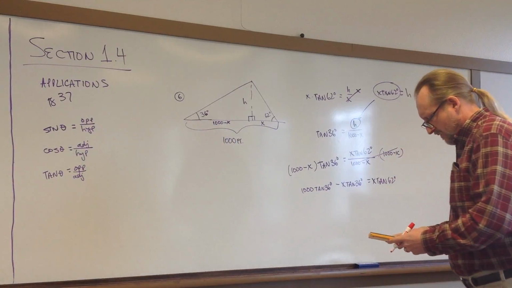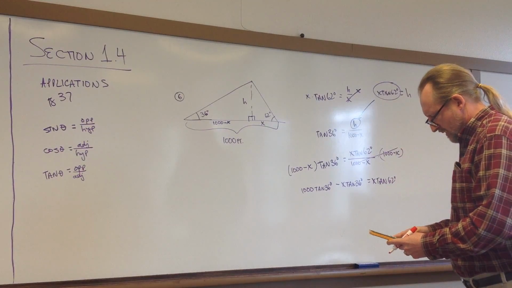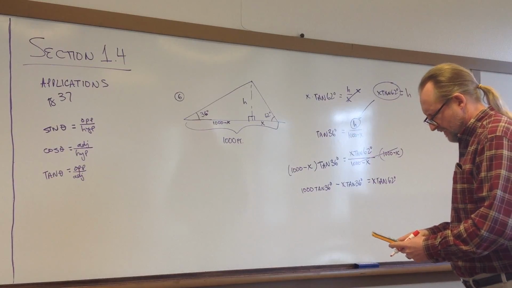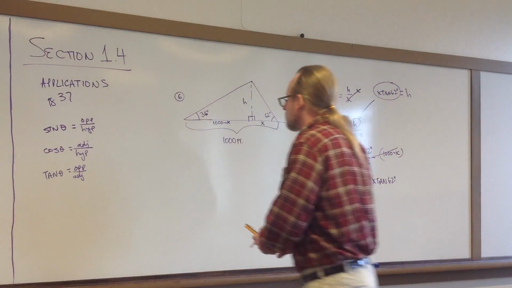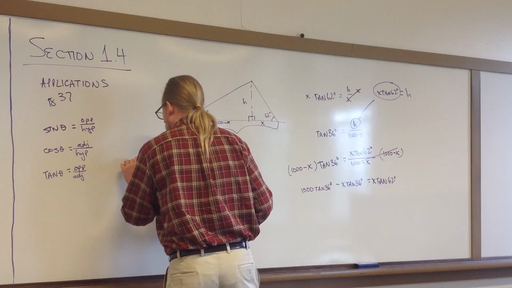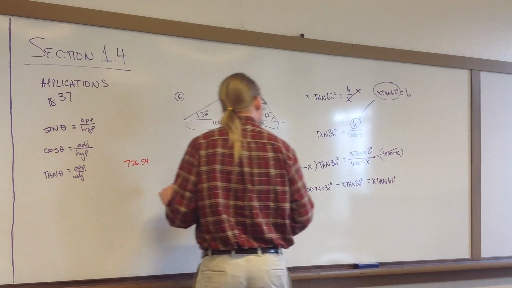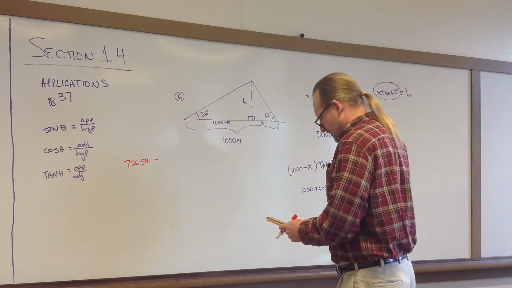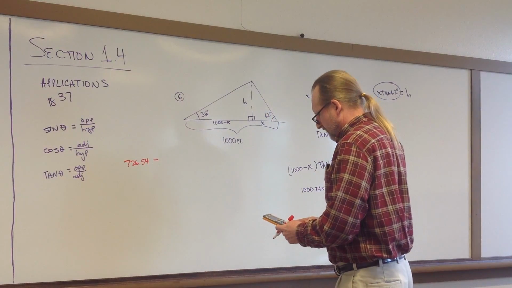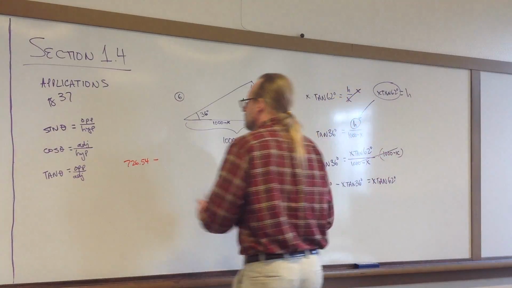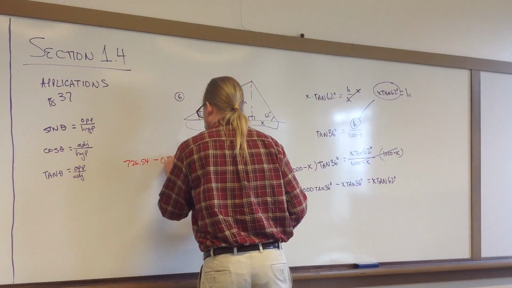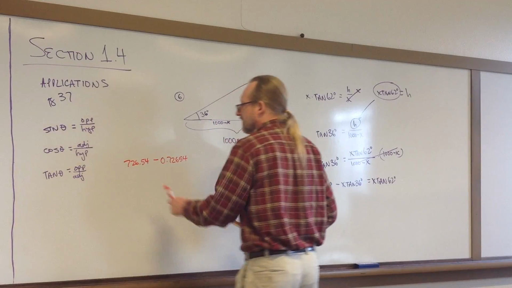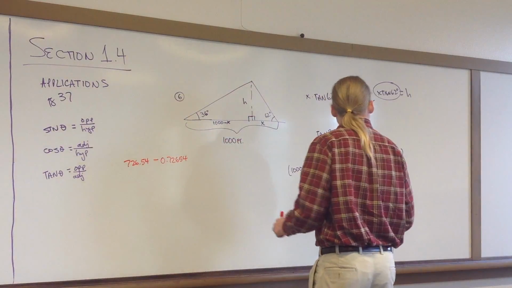So 1,000 times the tangent of 36 degrees is 726.54. And then minus just the tangent of 36, that's going to be 0.72654x, because that 1,000 is just going to move that decimal point over.